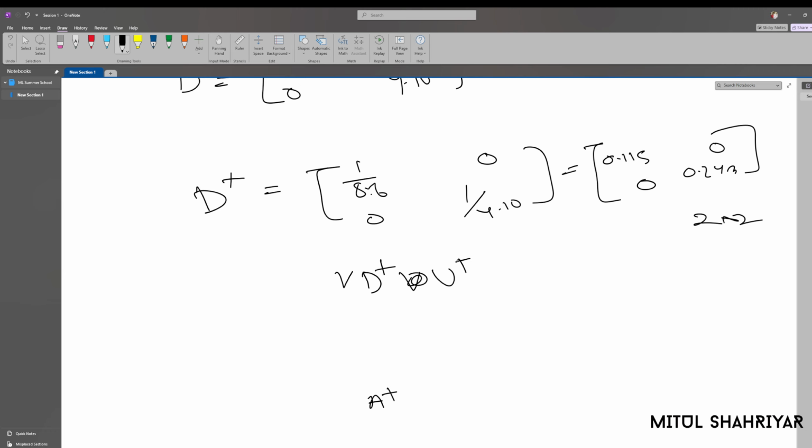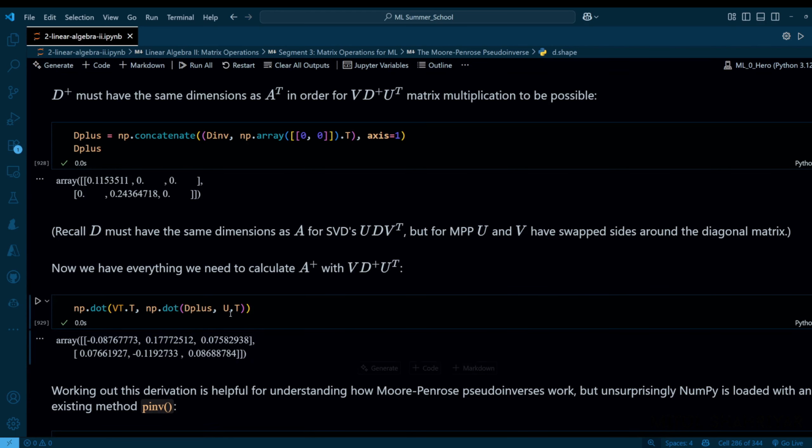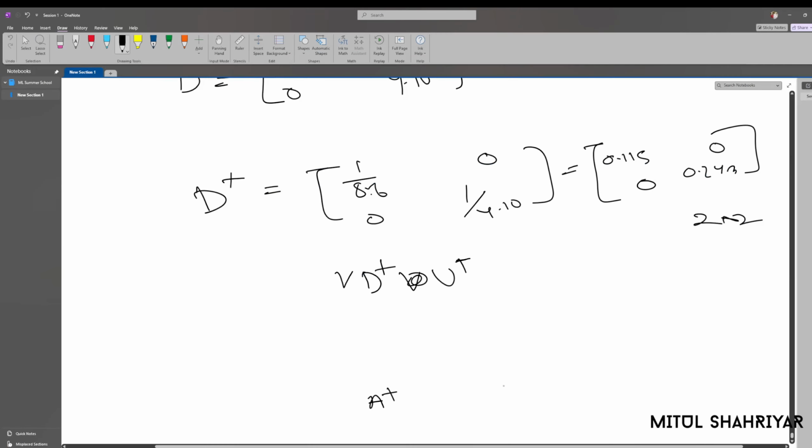Transpose. So as mentioned, U has the shape of what? So what we can do totally depends on the calculation. Let's see how they have calculated. So here for the D plus, we want to calculate D plus with UT obviously, and then with this one. Okay, no problem. So the shape of this one is 2 into 2.